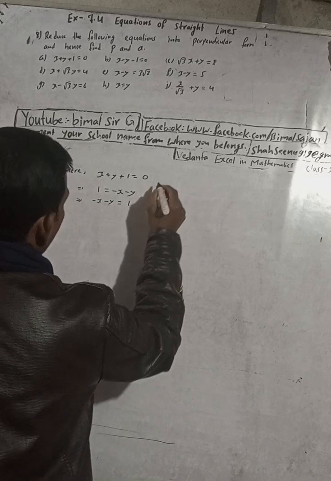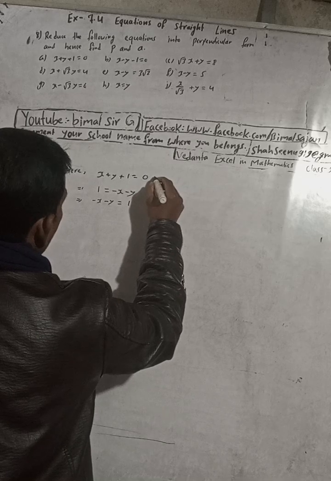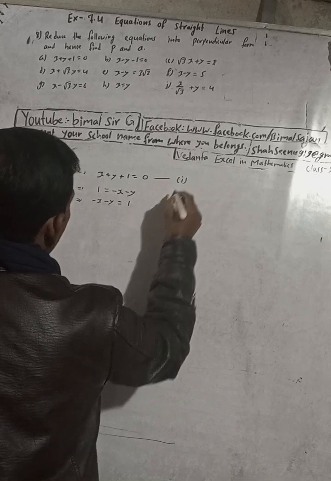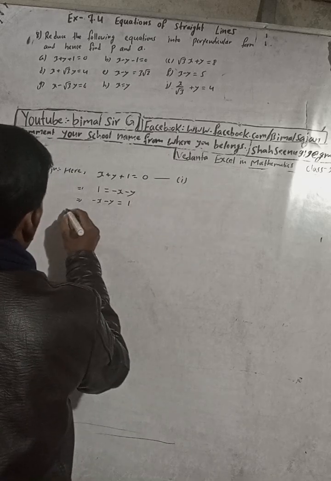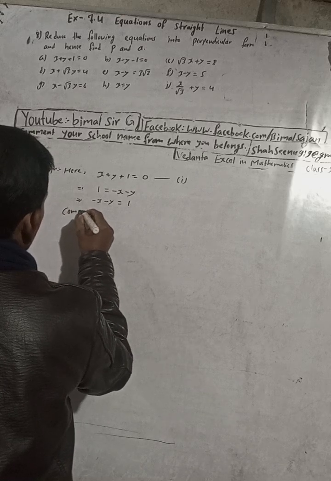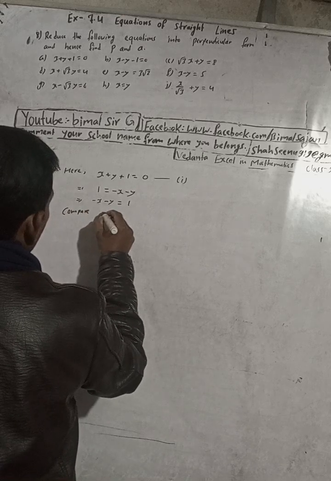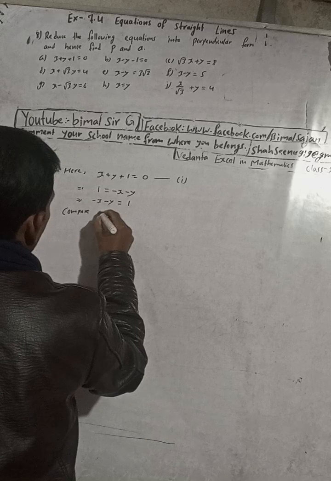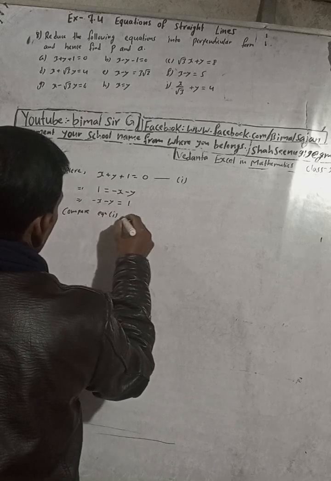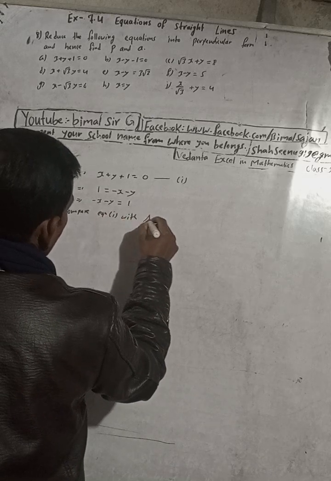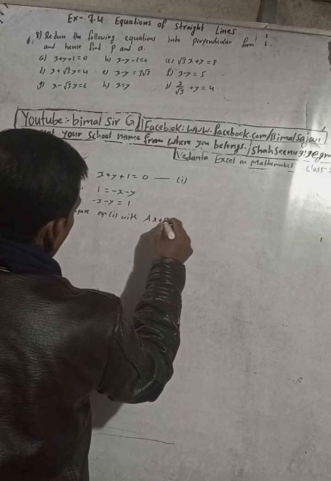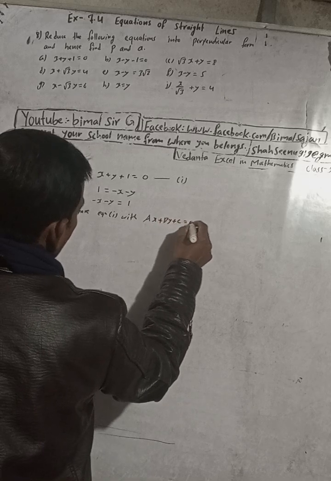Now compare this equation 1 with ax plus by plus c is equal to 0.